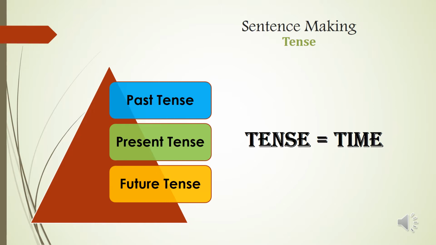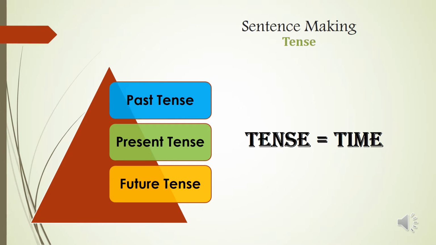Like it can tell about earlier days, that is past time, that means past tense, or it can talk about this present time, that means present tense, and it can also talk about the incoming days.